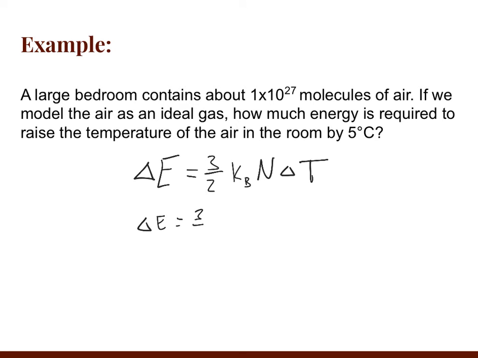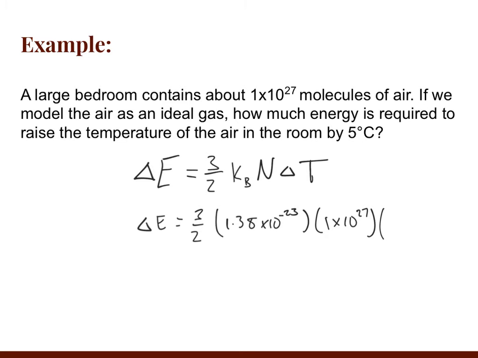The Boltzmann constant is 1.38 times 10 to the negative 23rd joules per Kelvin. The number of molecules is 1 times 10 to the 27th, and the change in temperature is 5 degrees Celsius.